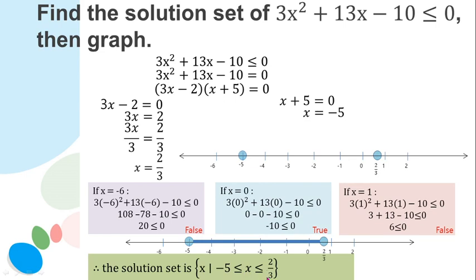If we are going to enumerate the elements of our solution set, we could have negative 4, negative 3, negative 2, negative 1, 0. We can also have 0.5, 0.25, or 1/4.